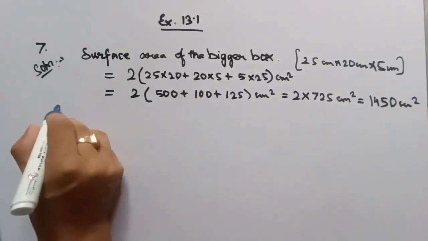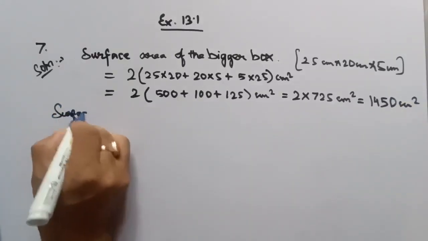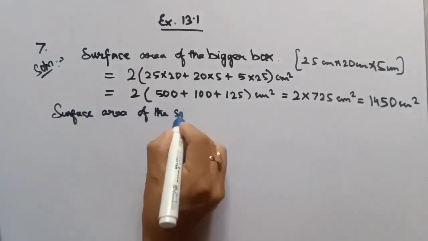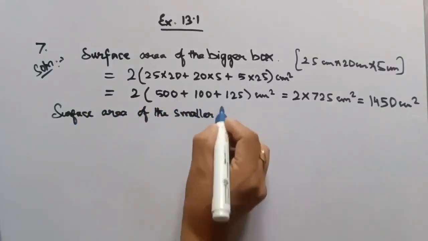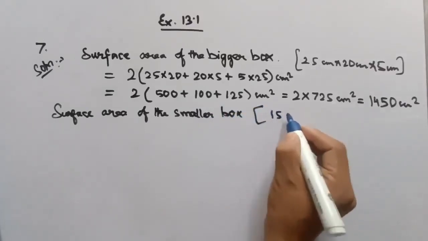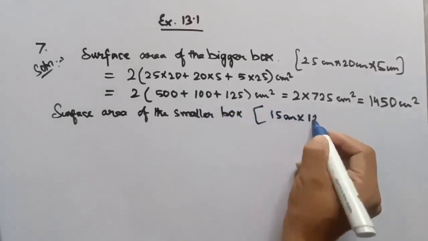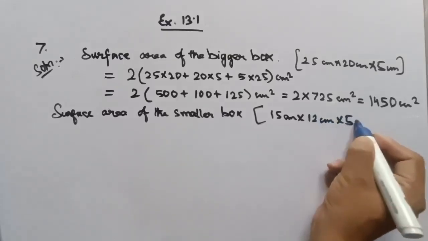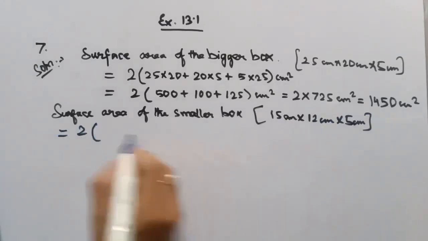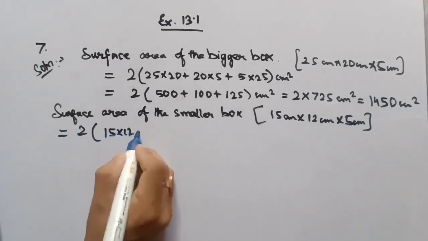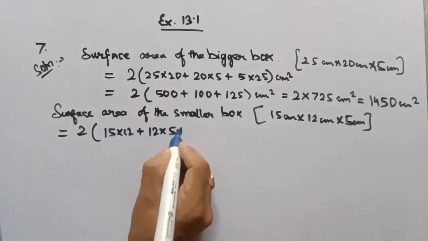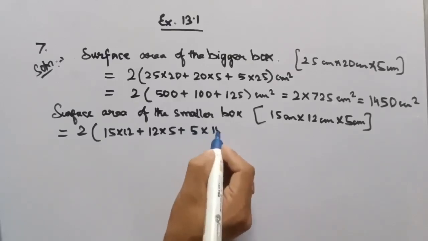Now for the smaller box. So surface area of the smaller box. The dimension of the smaller box is 15 centimeter into 12 centimeter into 5 centimeter. So the surface area will be 2 times length into breadth, that is 15 into 12 plus 12 into 5 plus 5 into 15.